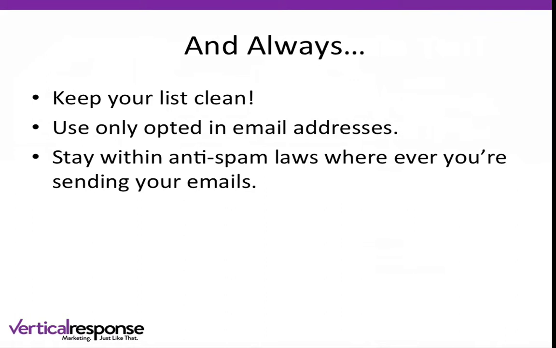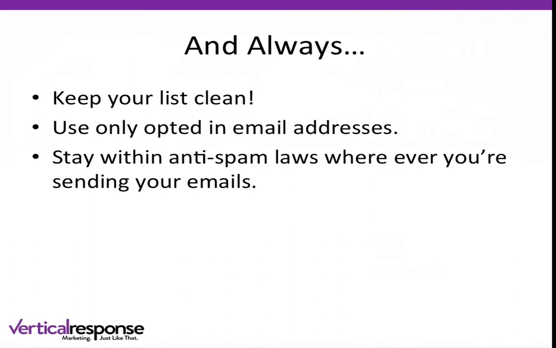You also need to make sure you stay within the anti-spam laws wherever you're sending your emails. Most of the countries in North America and Europe have anti-spam legislation. Most of them are more strict than what the U.S. has. But if you stay within the rules of what VR has for your mailing lists, you'll be fine for mailing outside of the U.S. as well.